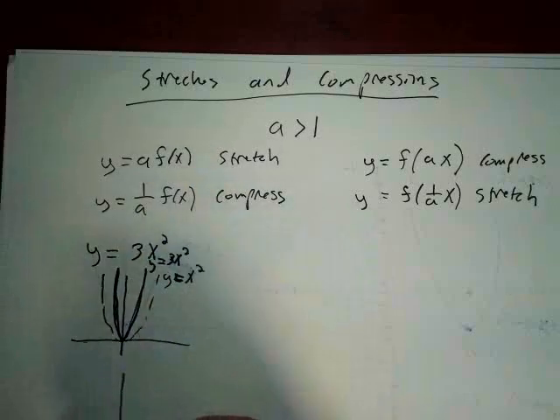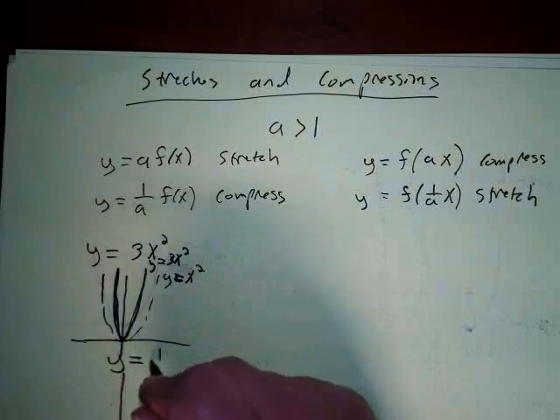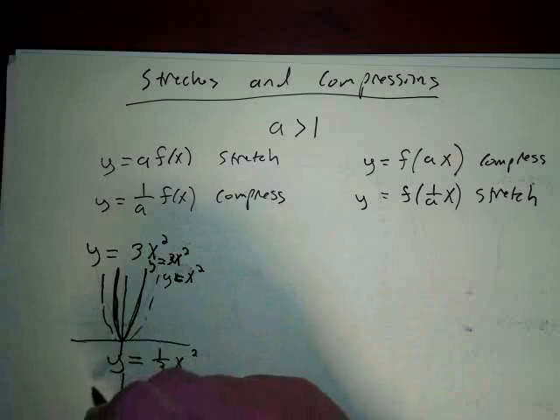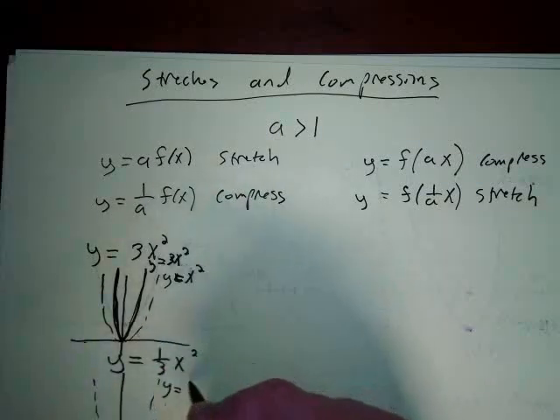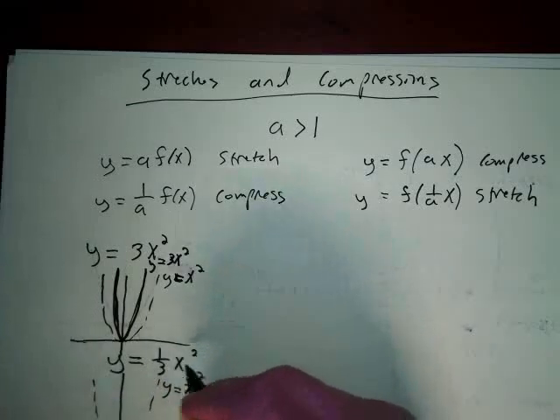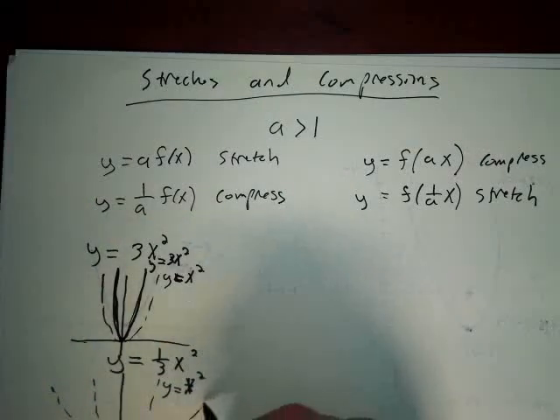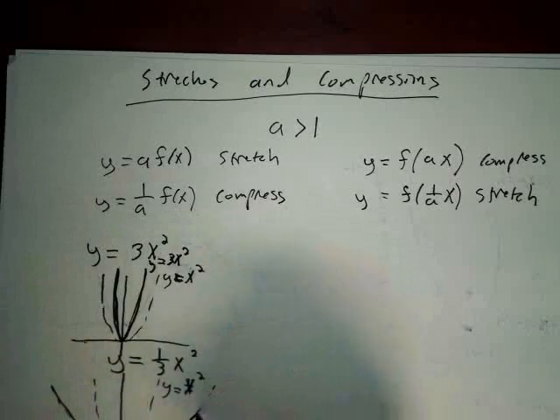But if I take 1 over A, so y is equal to 1/3 x squared, then this would be like the regular x squared, but now this thing is compressed.